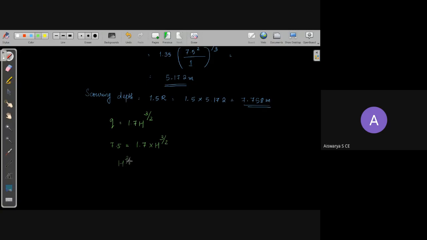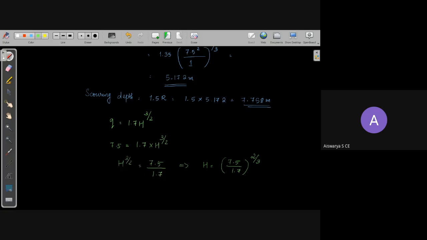So H raised to 3 by 2 equal to 7.5 divided by 1.7, and H equal to 7.5 divided by 1.7 all raised to 2 by 3. When you need to find H from H raised to 3 by 2, when you take this power to the right hand side, just take the inverse.